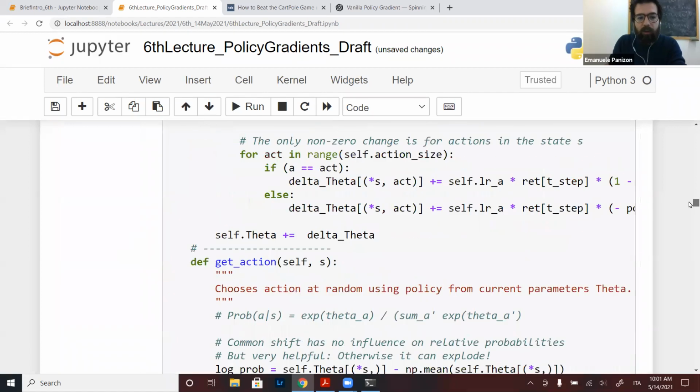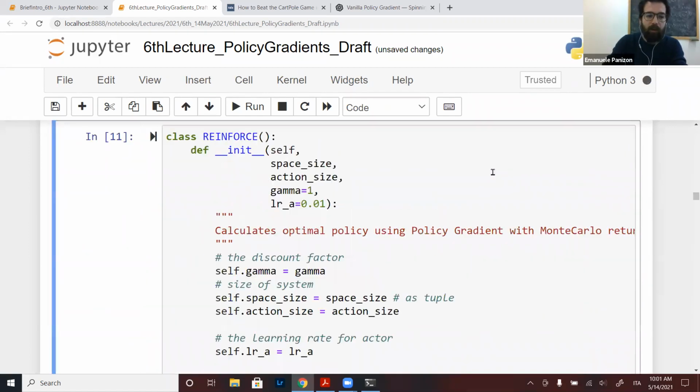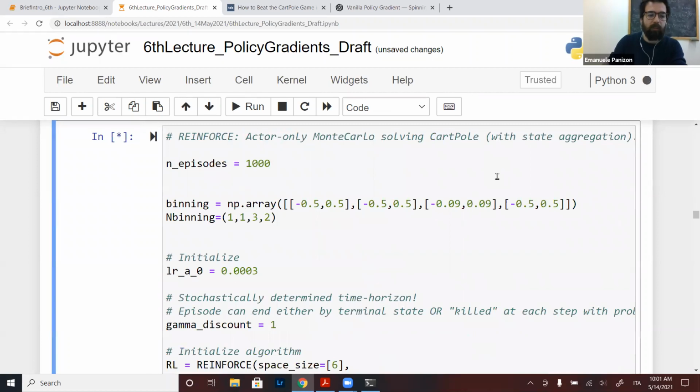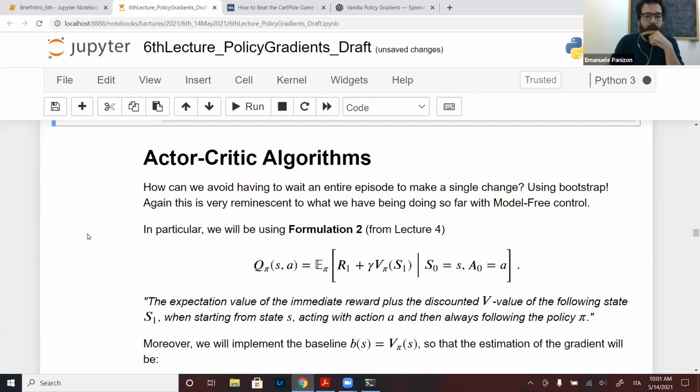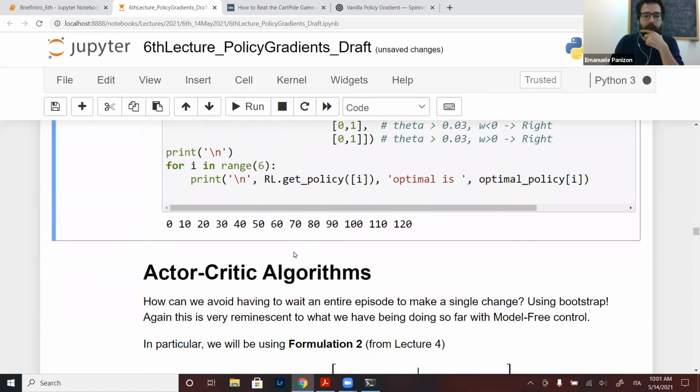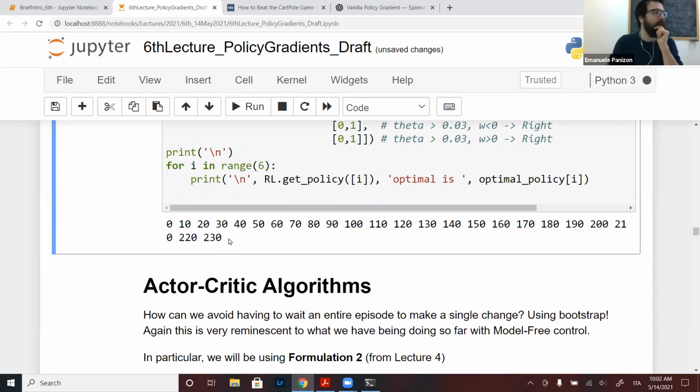I apologize again, I always forget. Okay, so this will go on for a while. And perhaps if you have no question, we can make a small break, and then after the break we go on with the actor-critic algorithm.